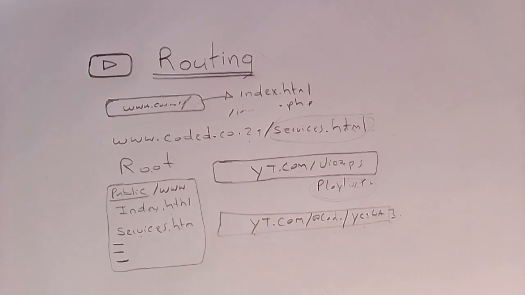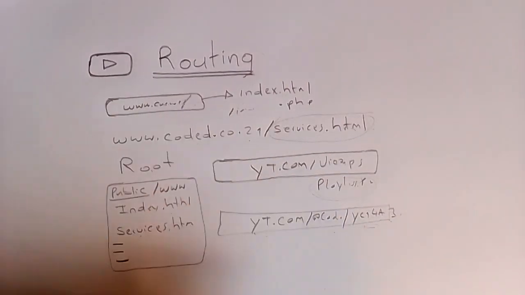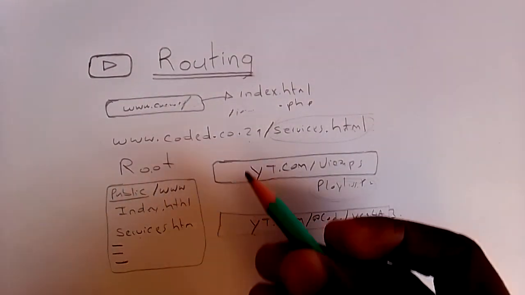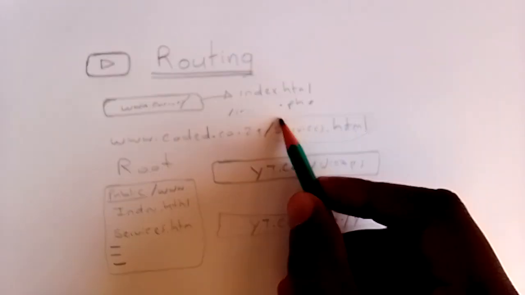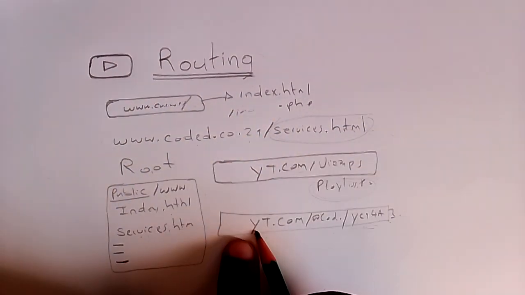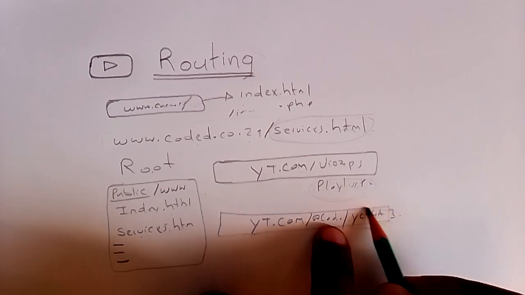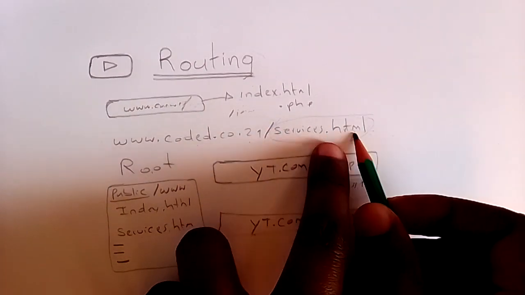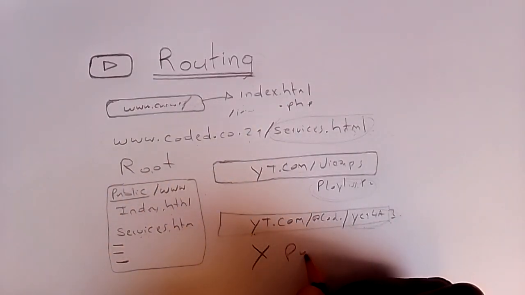In web technology, there is a technique used to make sure that, first of all, you control how people access your root index or your files. In a normal website, you will see this services.html, but when the routing technique has been applied, as in YouTube, you will always see different strings here, but you won't see the actual .html. It's like the pages are hidden.